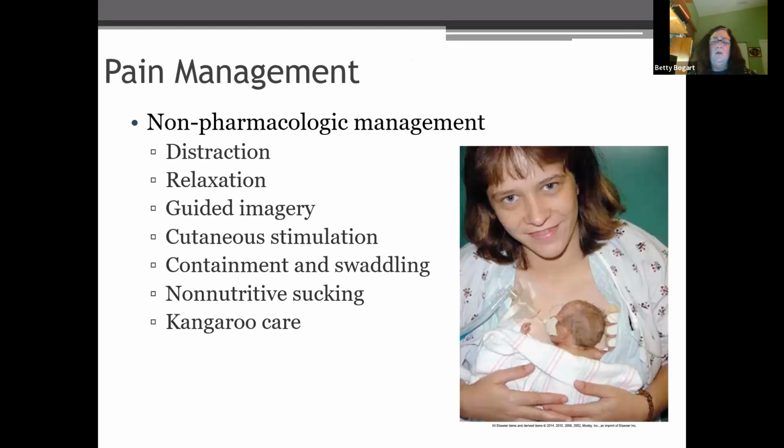We can give pain medicine all the time, but if we're not treating the holistic person, it's not going to be as effective as it can be. Now, distraction is awesome. Giving them something to play with, an iPad, bubbles blown on them, music, looking at stickers, mommy in the child's face giving them kisses. Distraction, oh my goodness, helps with pain medicine, of course.